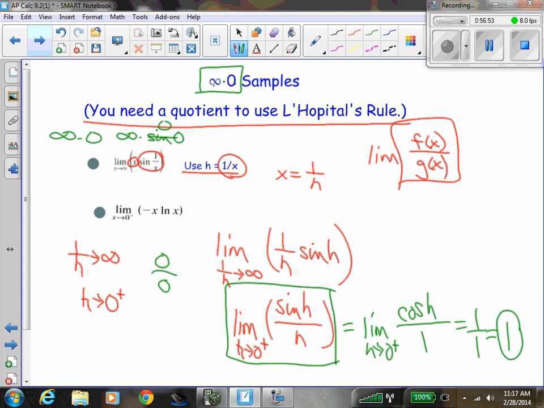I want you to think of this for a minute. I want you to think of how unusual this looks. I've got something that's infinite, and I'm multiplying it by this quantity here. And you know that this quantity has a value between -1 and 1 at all times. And we're saying that that thing approaches 0.